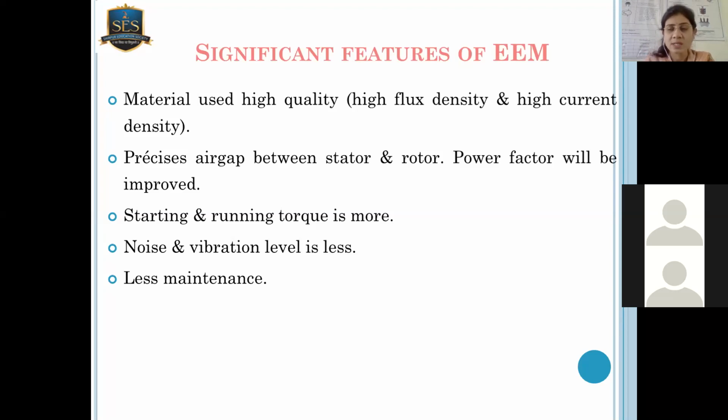So obviously it will require less maintenance. Okay. Operating temperature is more without any problem.